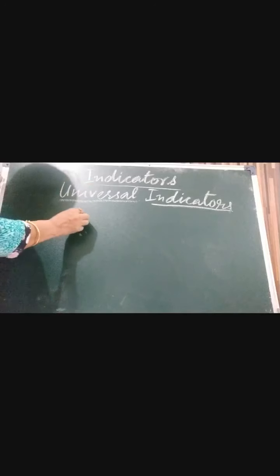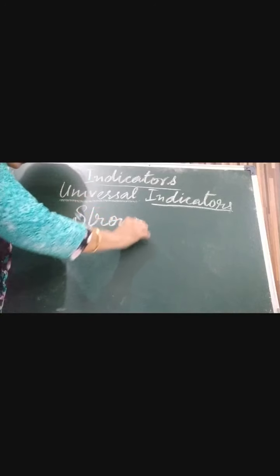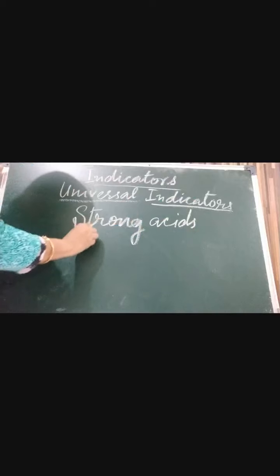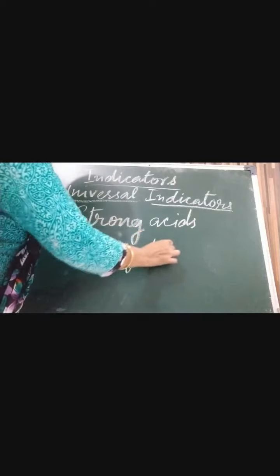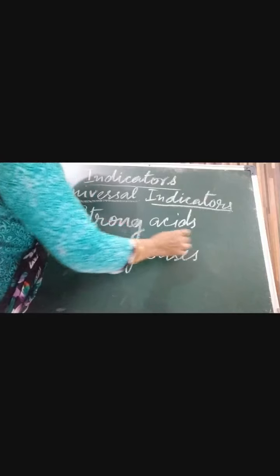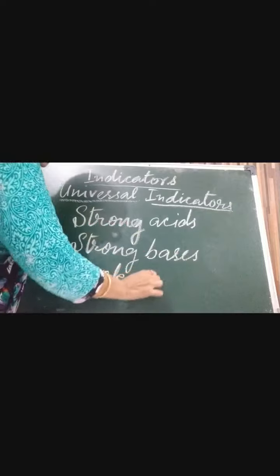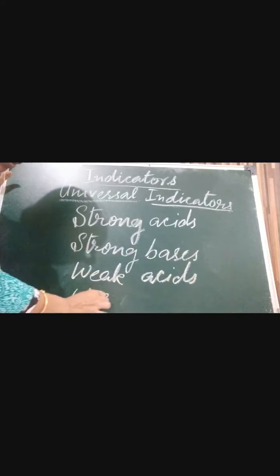Okay children, acids or bases can be strong or weak. We have discussed that strong acids are there, strong bases are there, weak acids are there, and weak bases are there.